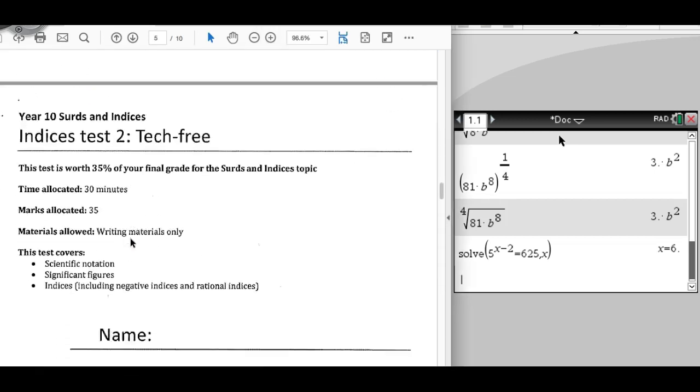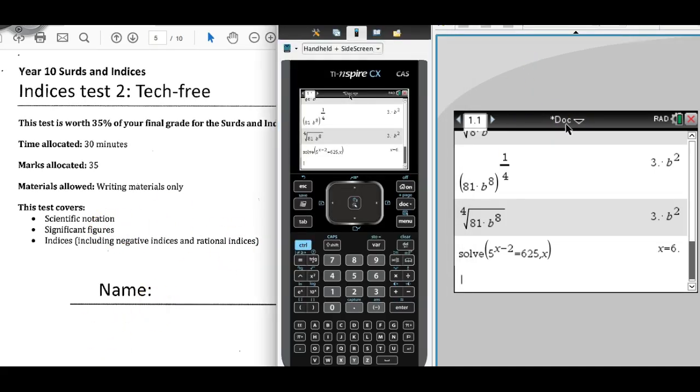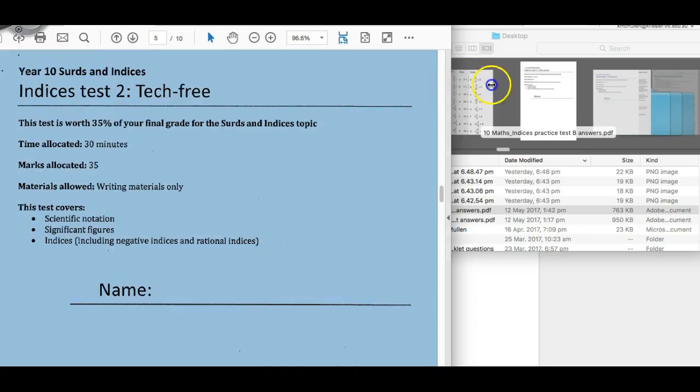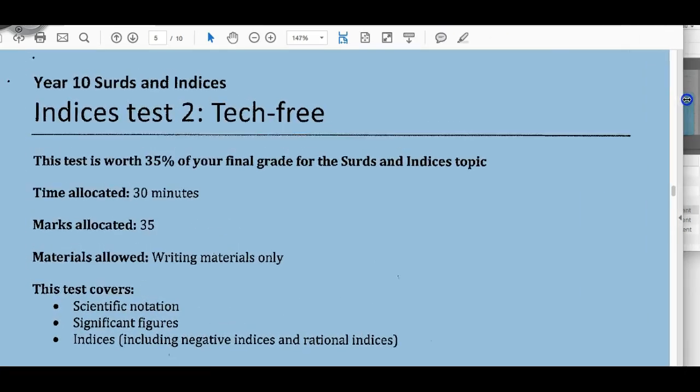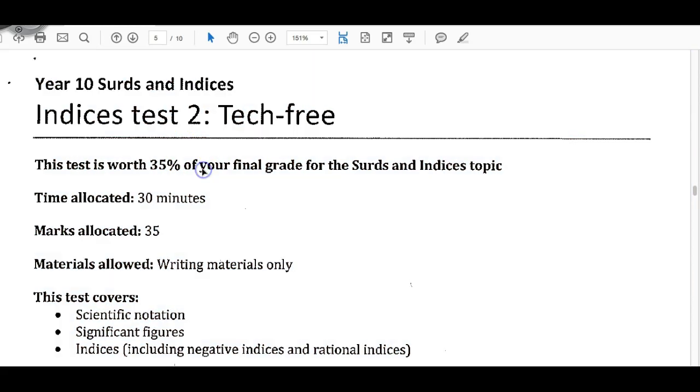All right. And then we're moving into the tech-free test. So we'll get rid of the calculator. Bye-bye. Okay, so this one here is worth 35% of your final grade. So you might be asking, oh, well, that only adds up to 50%. You still have to do surds. So this is only your indices test, and the surds test runs pretty much the same way.